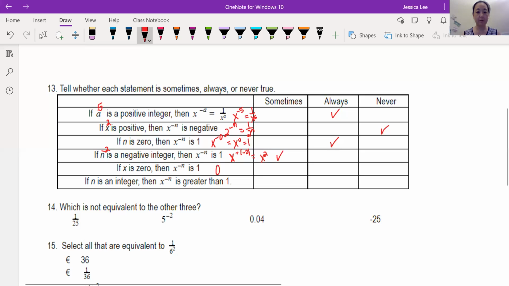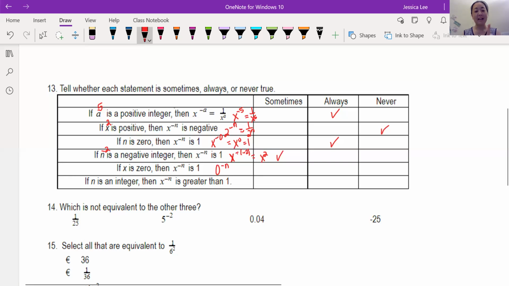So is that equal to 1? Well, technically, I know it's weird, but if n was 0, then 0 to the 0 power is 1. I know it's weird. Don't ask. There's a video on that somewhere.